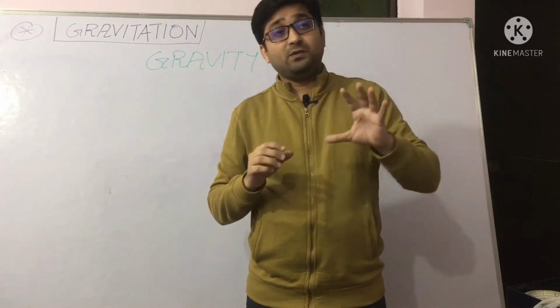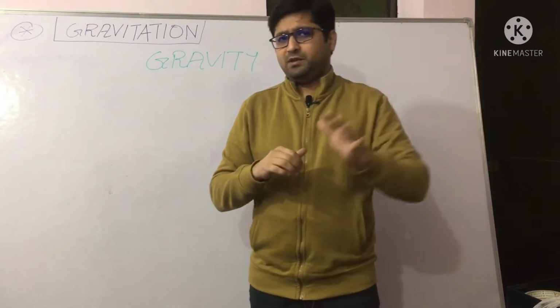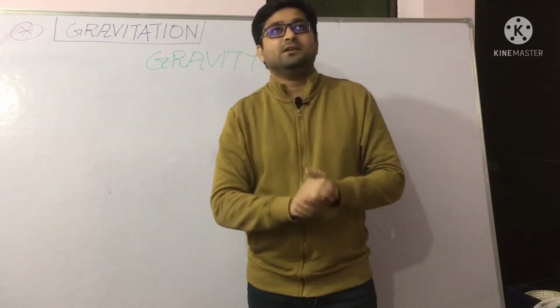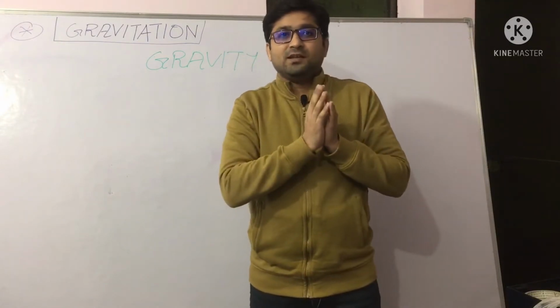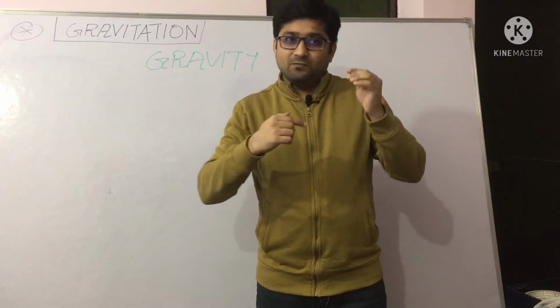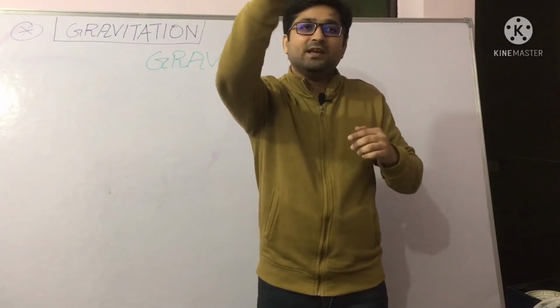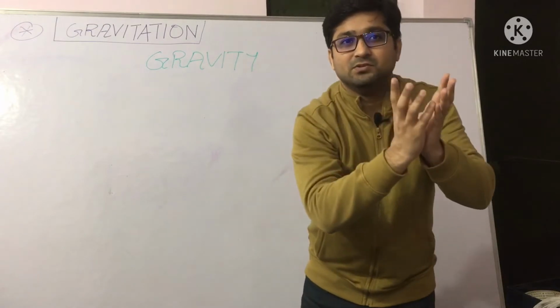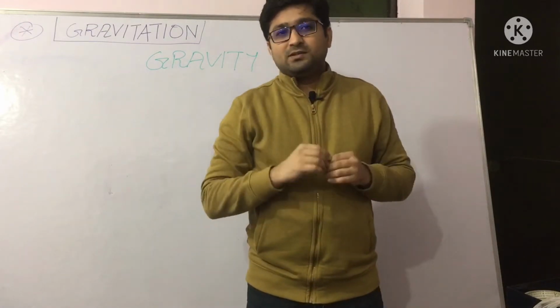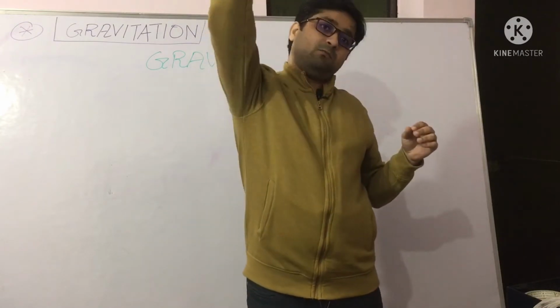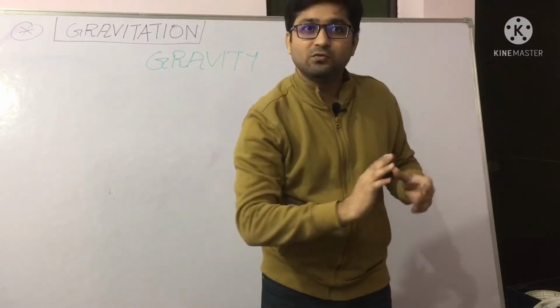But when we play cricket, we all have played cricket since our childhood. When we throw the ball up in the air, how are we able to catch it? Because when the ball reaches a certain height, it descends, and when the ball descends we are able to catch it. But have you ever thought why the ball we have thrown upwards is coming downwards?